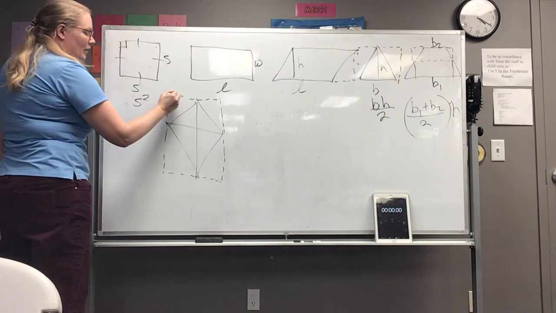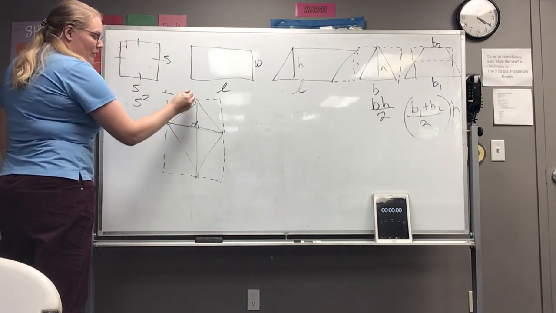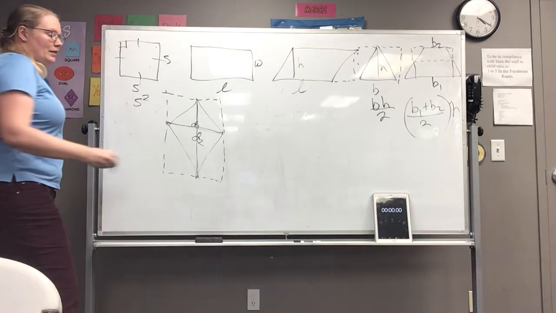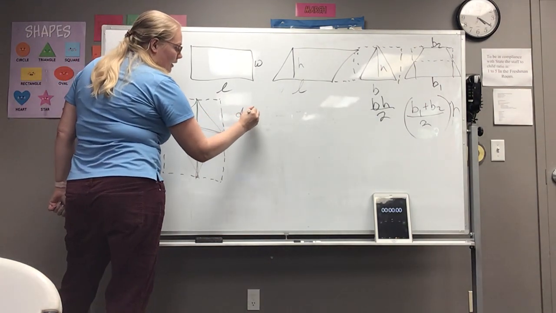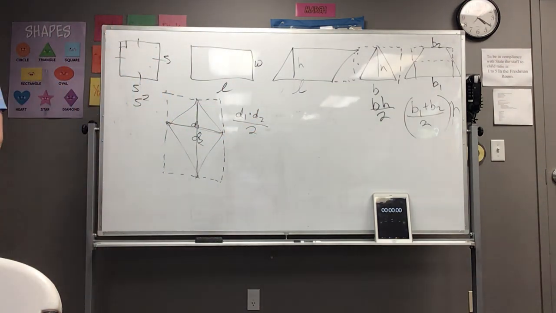And so it's this diagonal multiplied by this diagonal. And then diagonal 1 times diagonal 2 divided by 2. And so the more you can remember how it relates back to the rectangle, the easier the formulas get.